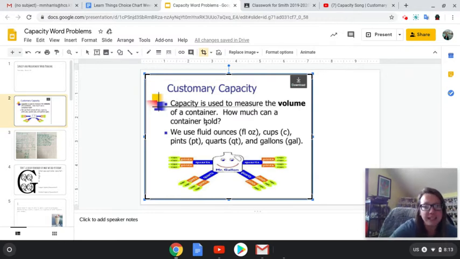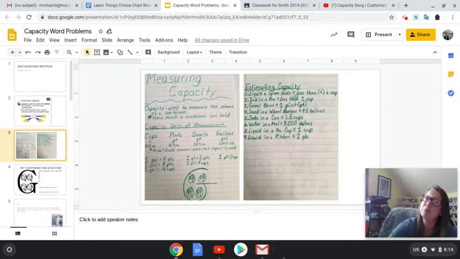Also remember, each of these has a relationship. Just like when we're measuring length, 12 inches equals 1 foot. Well, these have a relationship too. And I hope from our video yesterday that maybe you took some notes. Here are my notes.